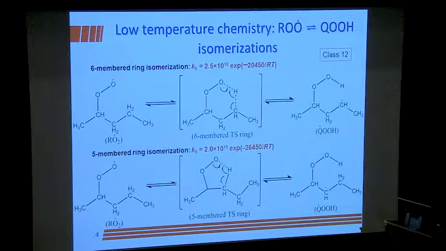However, 5-membered rings don't form the QOOH, as I said yesterday. They give you olefin plus HO2 directly from the transition state, whereas the 6-membered ring does give you the hydroperoxy alkyl radical, which can then add to molecular oxygen and go to chain branching.